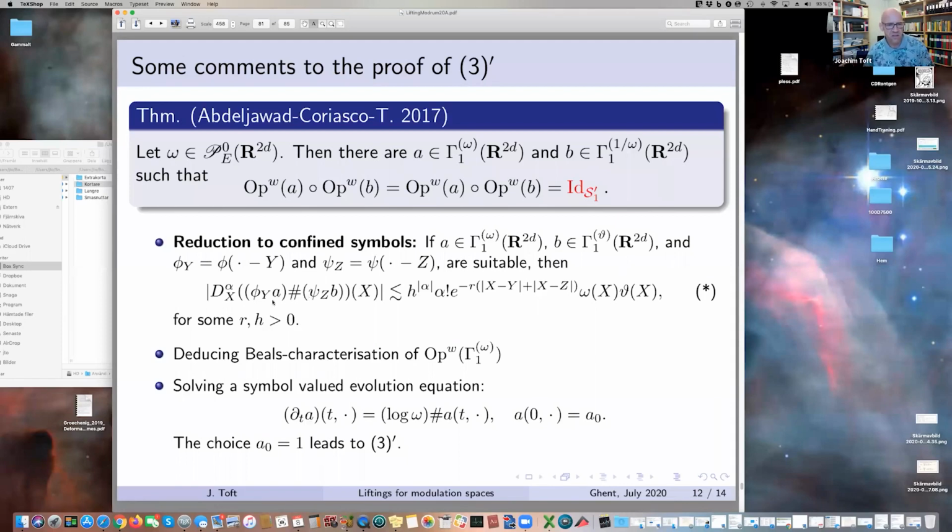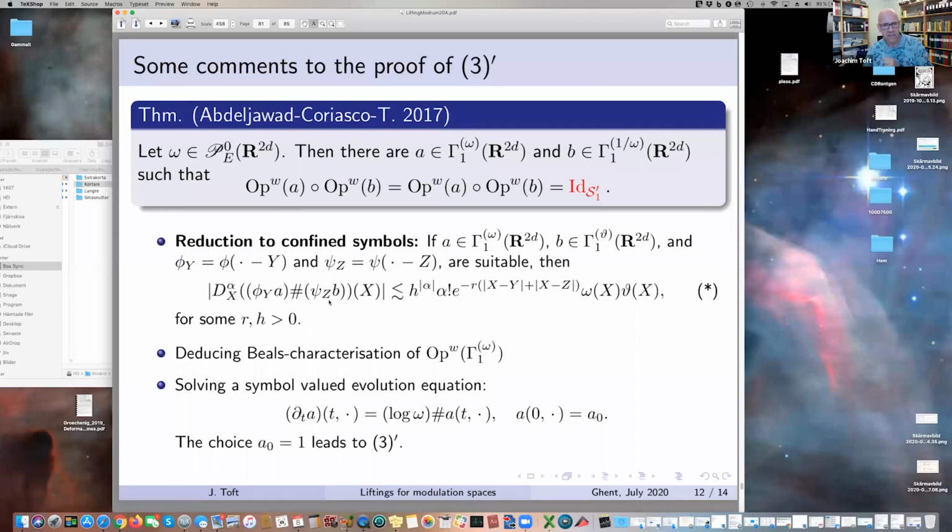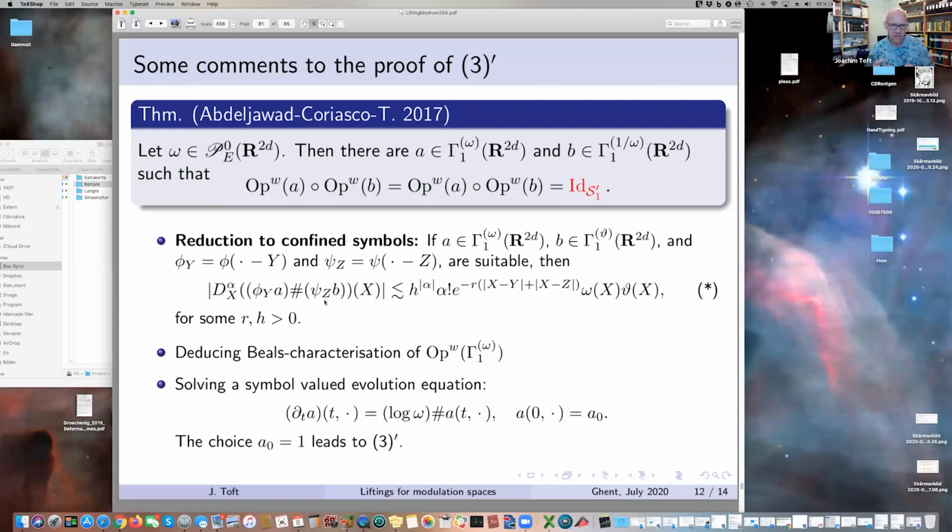Because this shows that if you have localized A at the point y and B at the point z, a big question is, if you now compose this, what can you say about this? What kind of bounds can you get about the symbol?